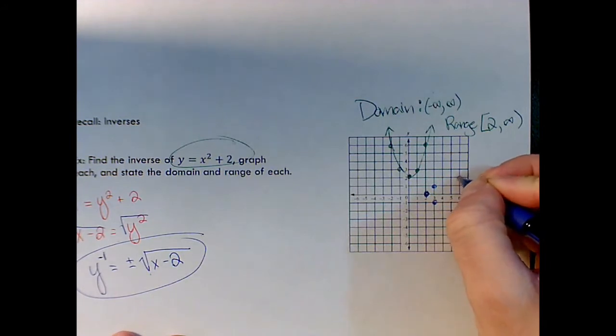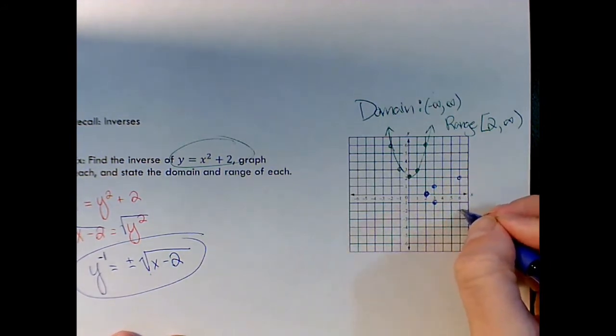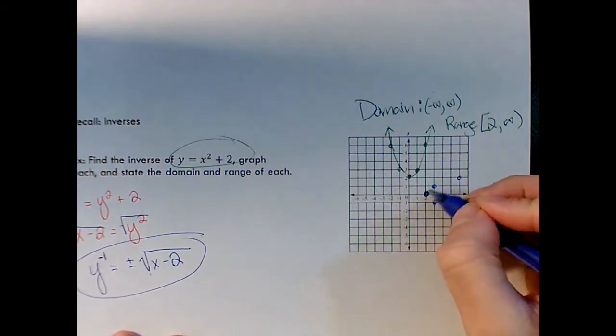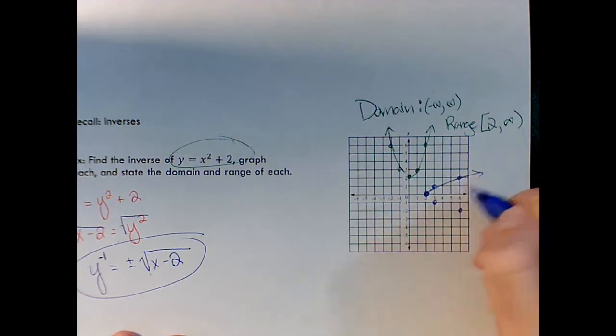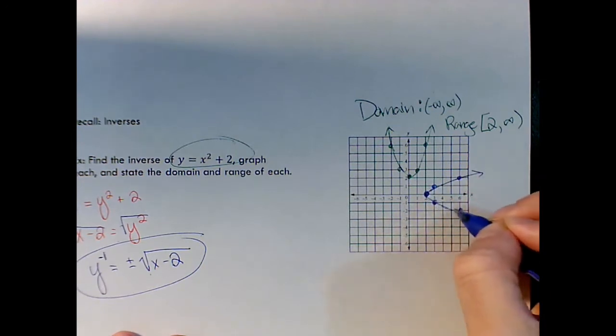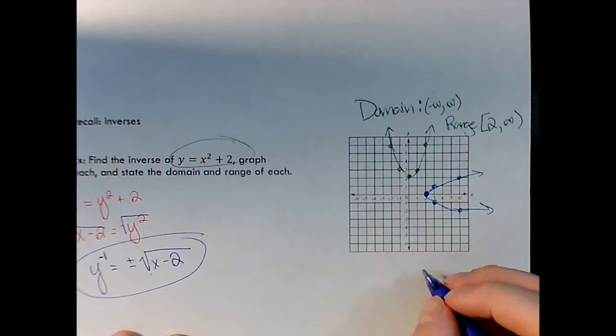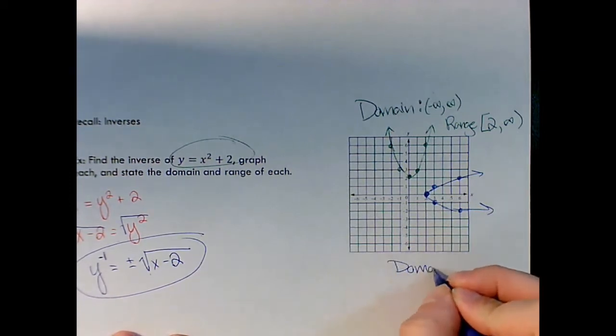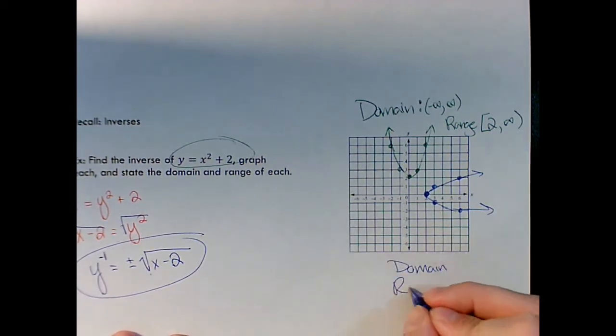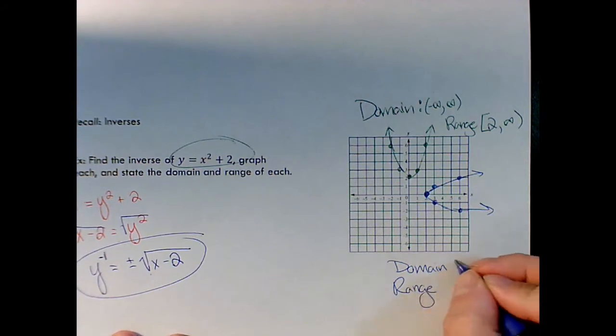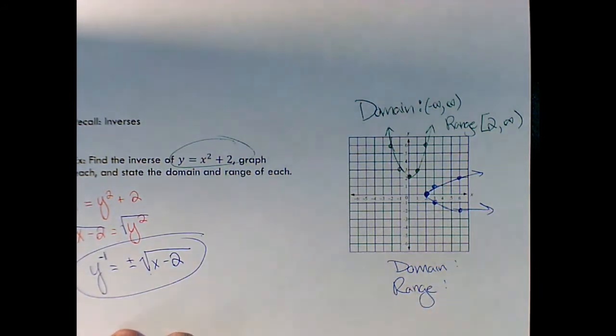Wait a minute. I think I see a connection here. First off, that is not a function like I previously mentioned. But let's find the domain. And let's find the range. I don't know. I said I see a connection, but I'm not sure if I'm right.